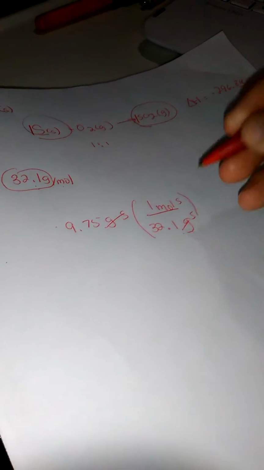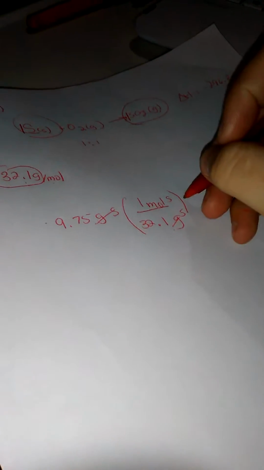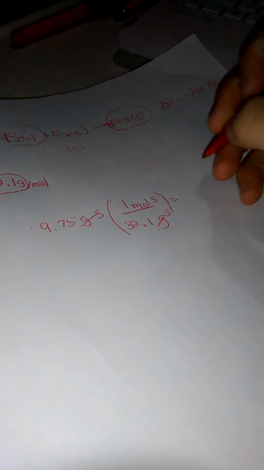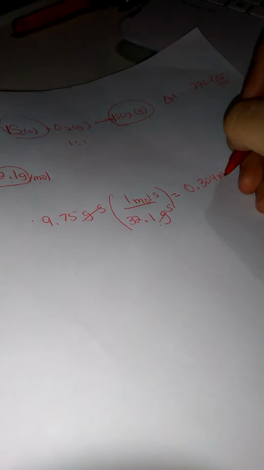So we want to cancel grams, so we want grams in the bottom so they can cancel. So 32.1 on the bottom and 1 mole of S on the top. Cancel this.